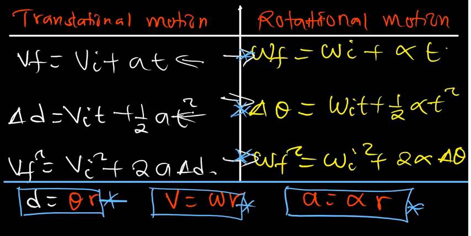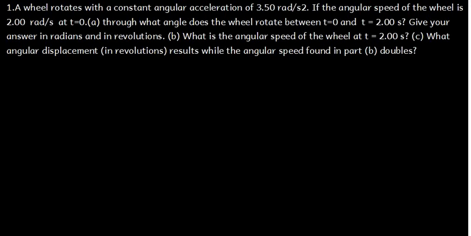Now that we have come up with the relationship between the translational motion and the rotational motion, let's see how we can solve the questions. The first question: a wheel rotates with a constant angular acceleration of 3.50 rad per second squared. If the angular speed of the wheel is 2.00 rad per second at t equal to 0, through what angle does the wheel rotate between t equal to 0 and t equal to 2 seconds?